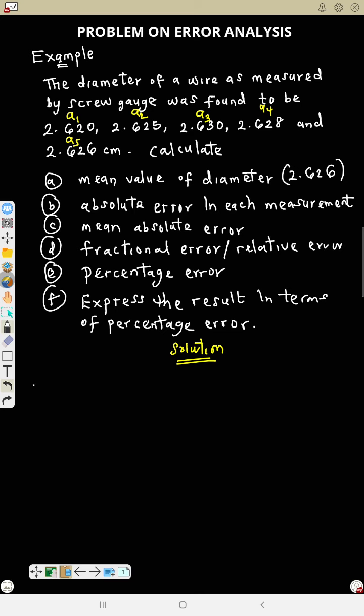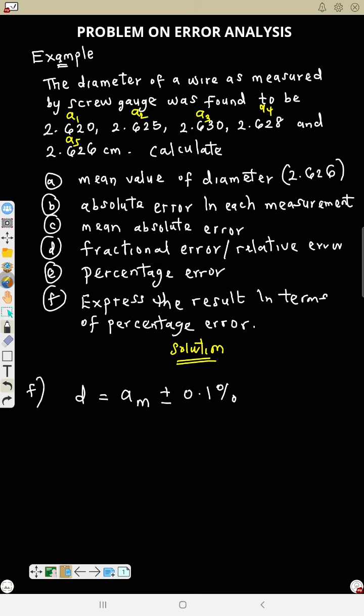To express in terms of percentage error, the diameter will be equal to our true value, that is our mean value, plus or minus our percentage error, that will be 0.1%.